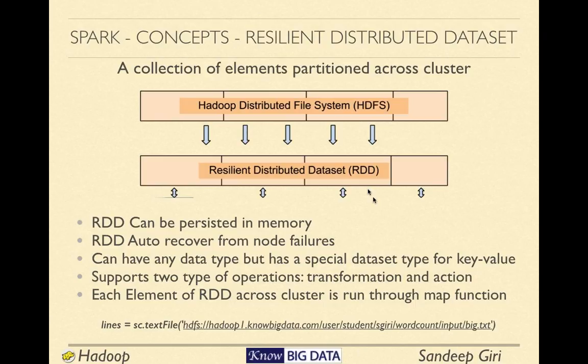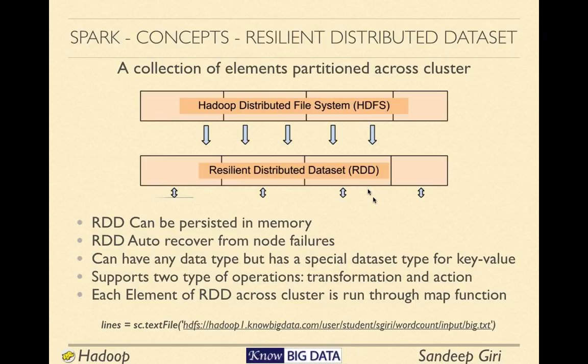And these resilient datasets support two kinds of operations. One is called transformations, and the other set of operations are called actions. Okay, going back to the analogy of Pig, in Pig what we did was we loaded the dataset, and then we ran filter, foreach, and so on, we operated on our dataset.